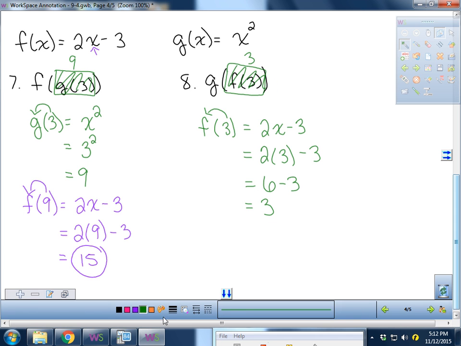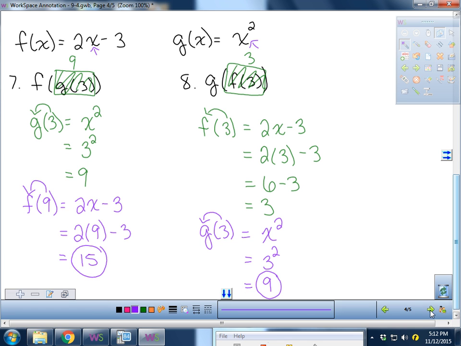Now I am trying to find g of 3. That means I'm going to go to my g and plug in 3 right there for that x. So I get x squared. I plug in 3 for the x. 3 squared is 9. And that's my answer. You need this basic composition to do the more complicated stuff.